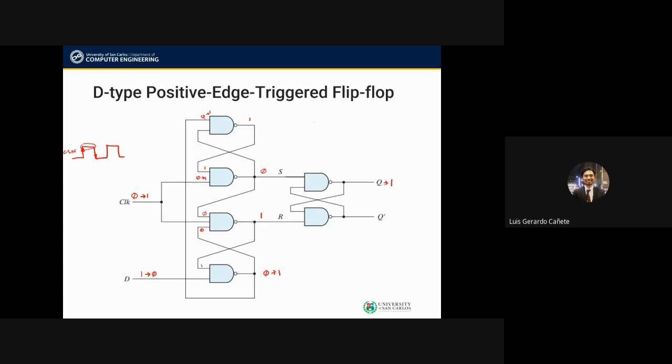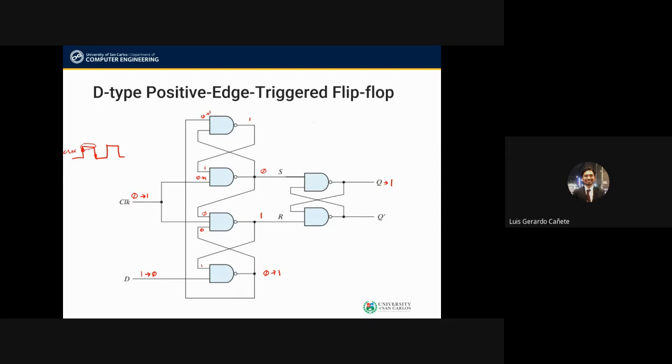So 0 and 1, that would still give you a 1 there. The 1 there would give you a 1 here. This is still a 1. 1, 1 would still be 0. And so 0, 0, nothing happens. It's still 0, 1.